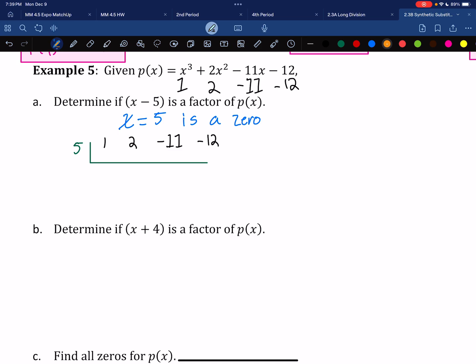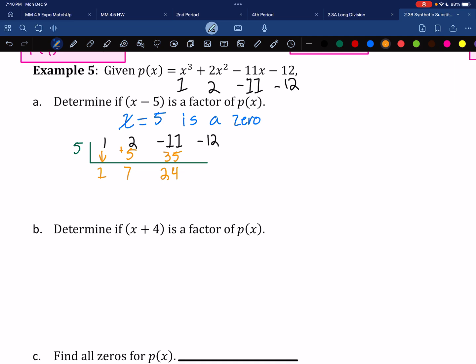I'll bring down my first number. So I have 1 down here. 5 times 1 is 5. 2 plus 5 is 7. 5 times 7 is 35. Negative 11 plus 35 is 24.